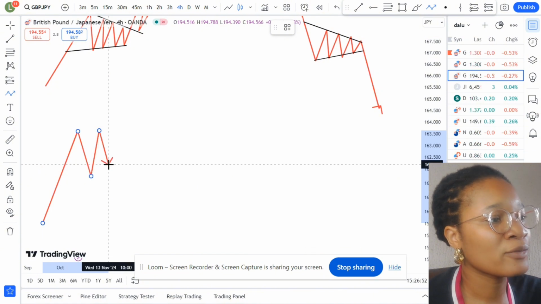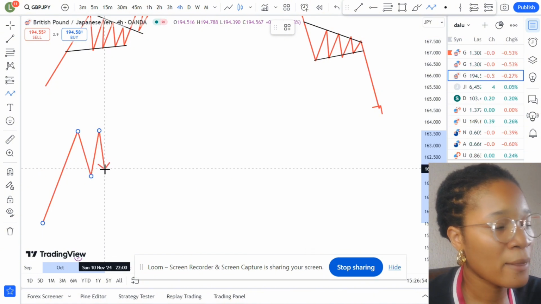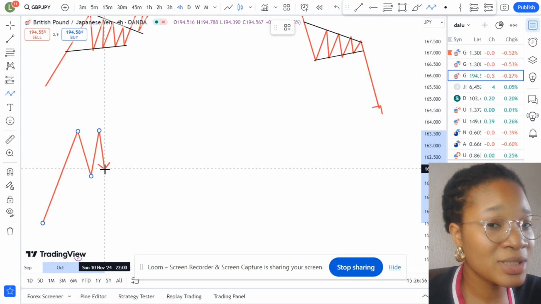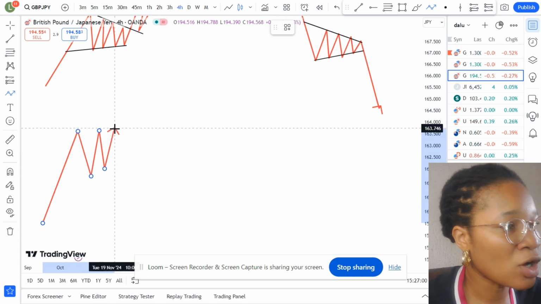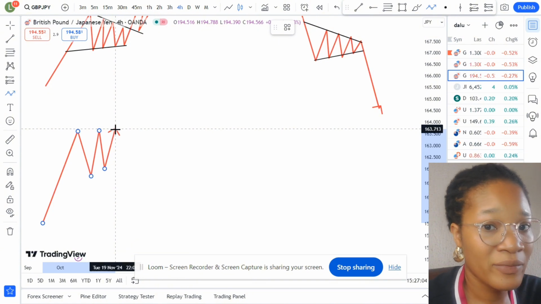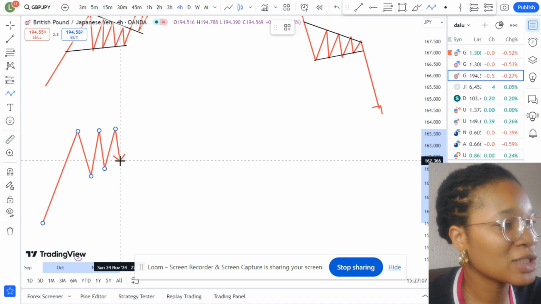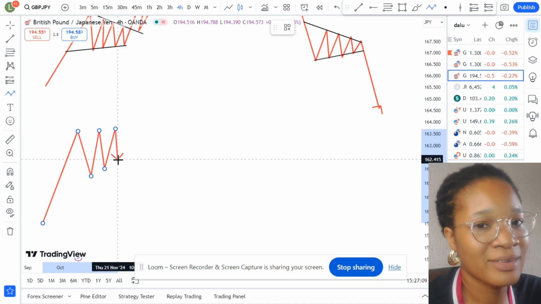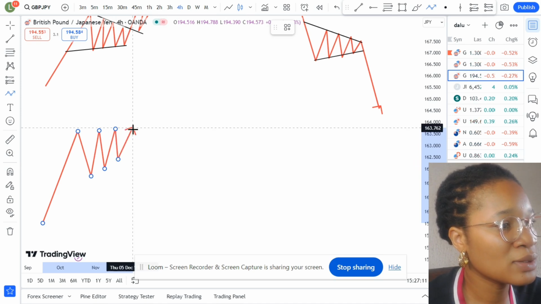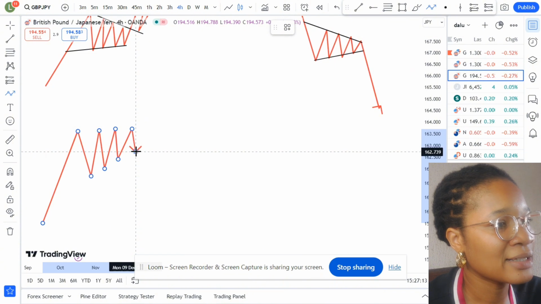Rather, it finds a way to come back somewhere almost at the point of the last support, right? It comes back to the same resistance zone, and then you continue like that, like that, like that.